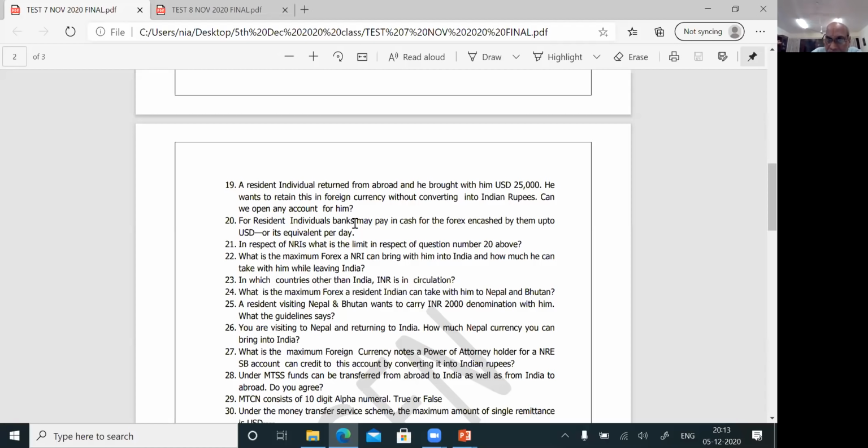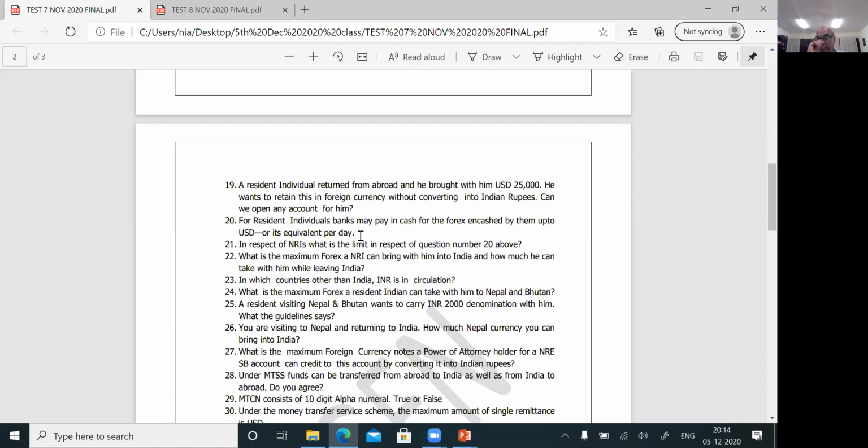So for a resident individual, banks may pay in cash for the forex encashed up to US dollar 1,000 or its equivalent per day. Sir, I have brought forex, please take it and give me cash, do not credit my account. Yes, you can do it, provided the maximum encashment per day is only US dollar 1,000.